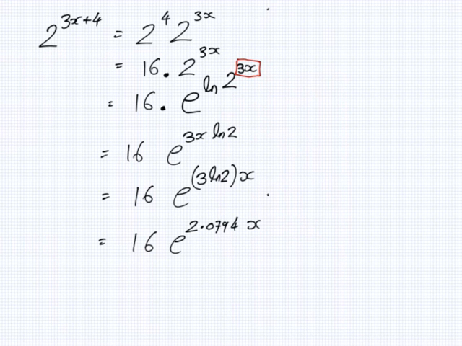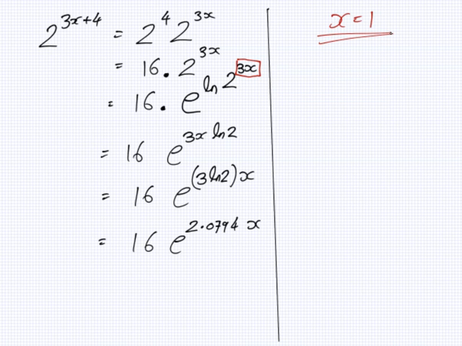Now just to convince ourselves that it's the same, let's pick a value for x. Let's just say x equals 1. So what will this equal? 2^(3+4), which is 2^7, which is 128. So I get 128 if I use this.